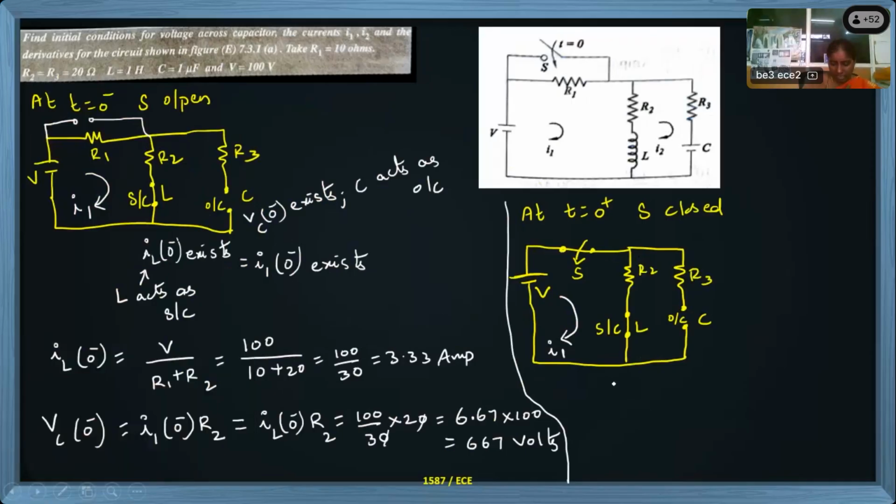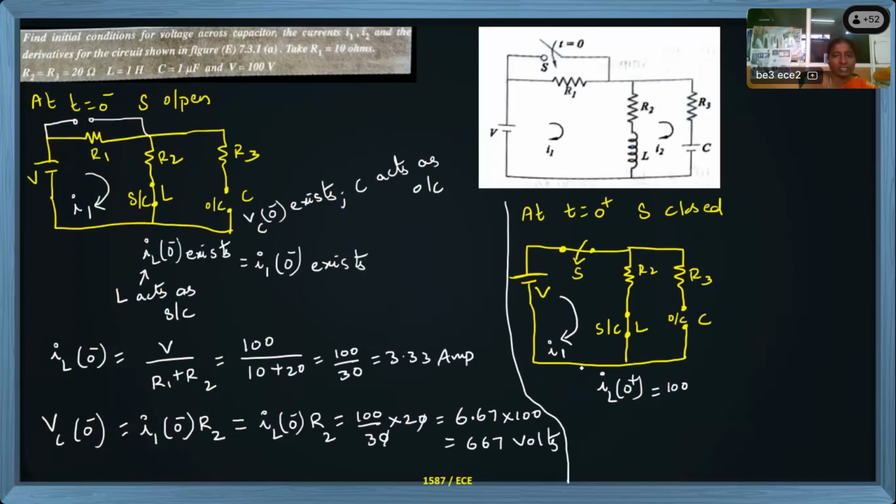So current in the inductor IL of 0 plus is same, which is 100 by 30. Though R1 resistor is present or not, that is not the issue. But same current will flow in the inductor because sudden changes are not allowed. This is initial condition only.